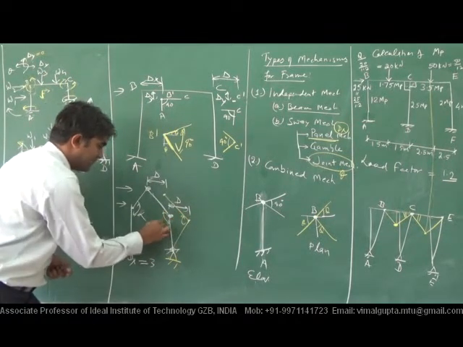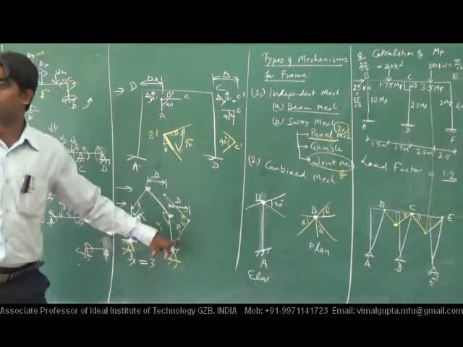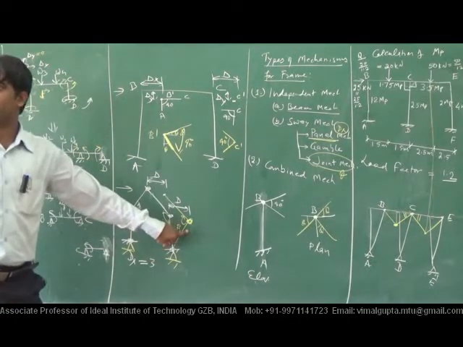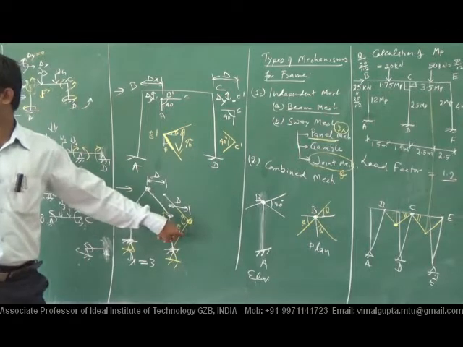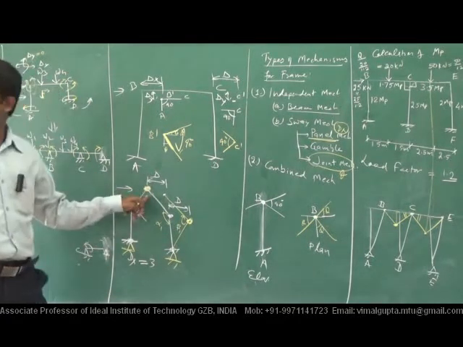If this is alpha 1, then it can be beta 1, because the plastic hinge has been considered here. That angle may be disturbed. Okay. The plastic hinge has also been considered here.